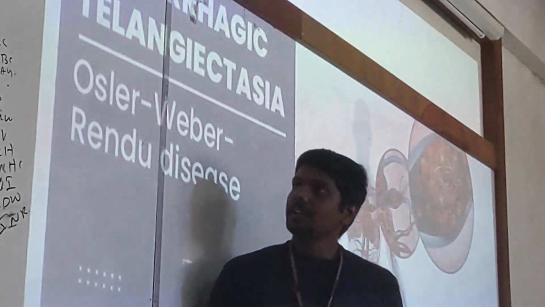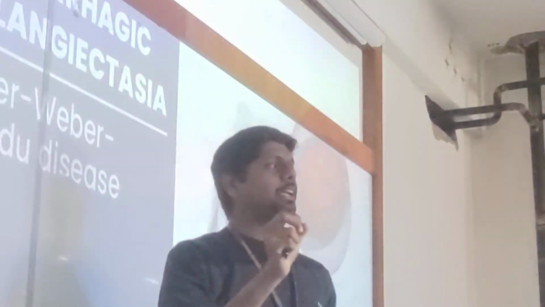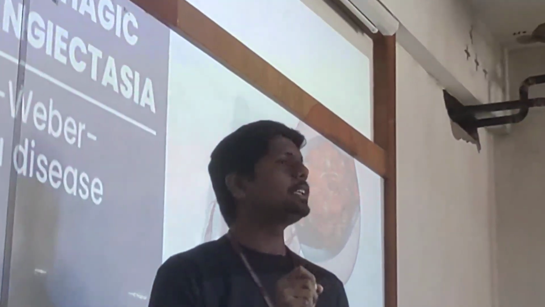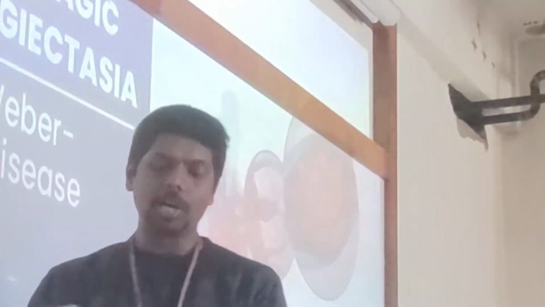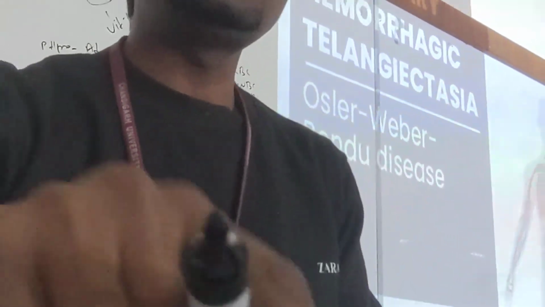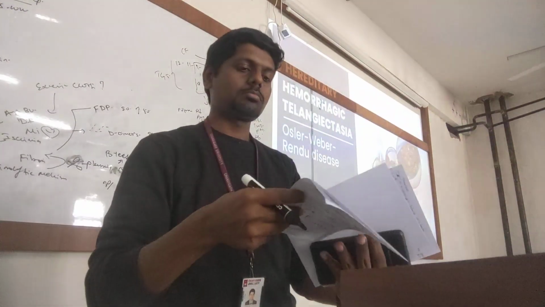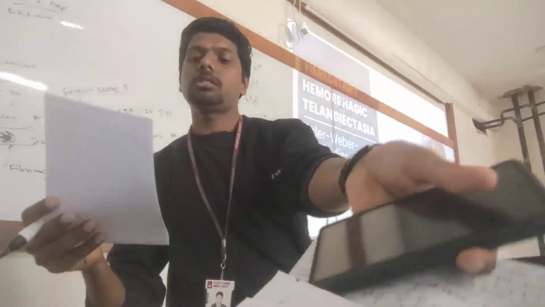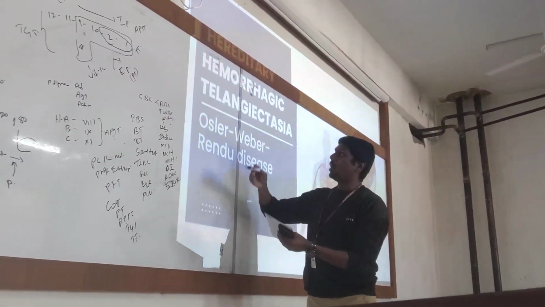Fine. So now you understood this one. Then, another important thing: when you are writing an answer in the exam, keep in mind these important points. I already discussed these points once. For any question, you should write the following topics.